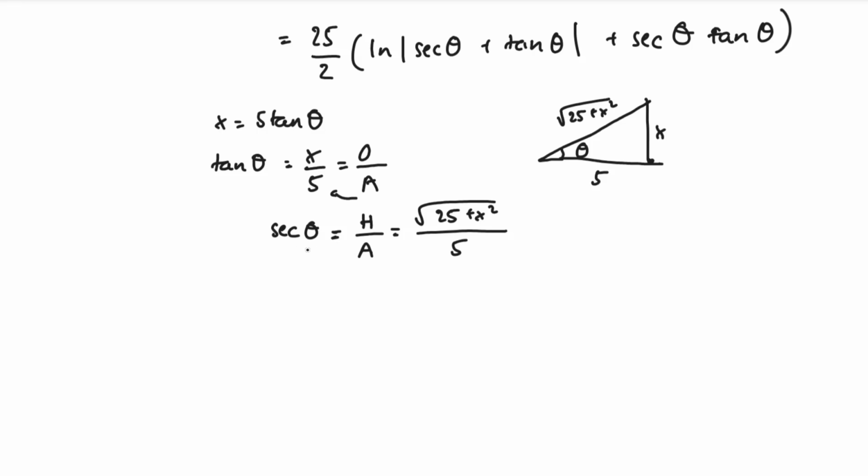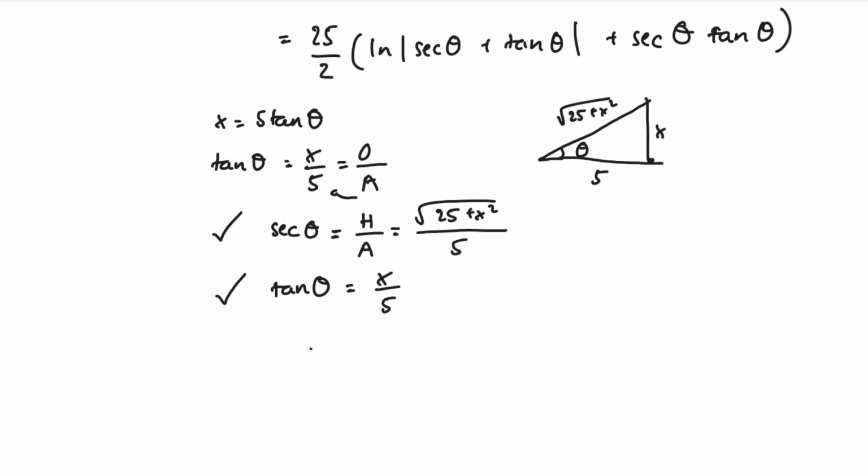So this is secant, and now we've finished calculating secant. Next, we calculate tangent. Tangent of theta is x over 5, which is already given.